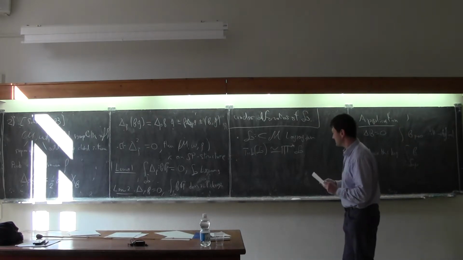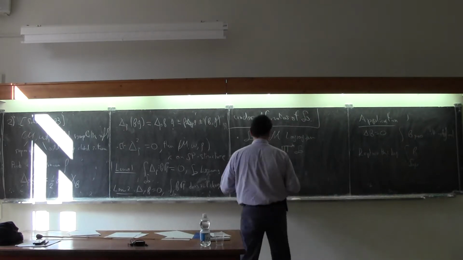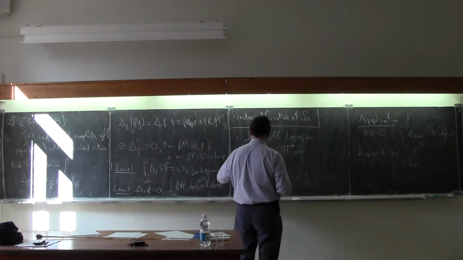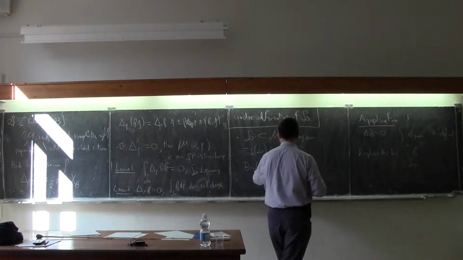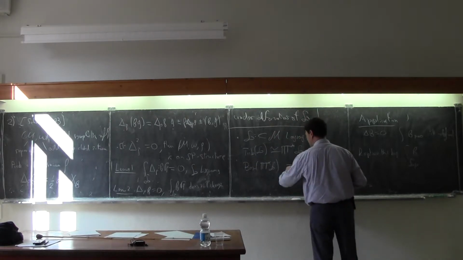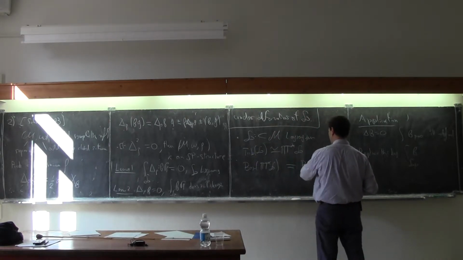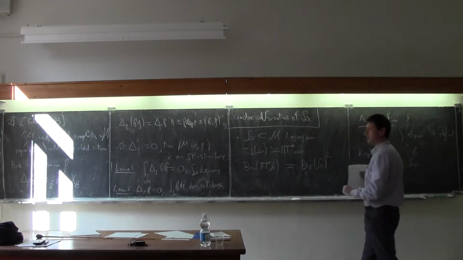So basically, you can take the same proof and check that this goes through to supermanifolds. And now the main observation is that if you take the Berezinian bundle of an odd cotangent bundle, this is the same as the square of the Berezinian bundle of the base manifold.